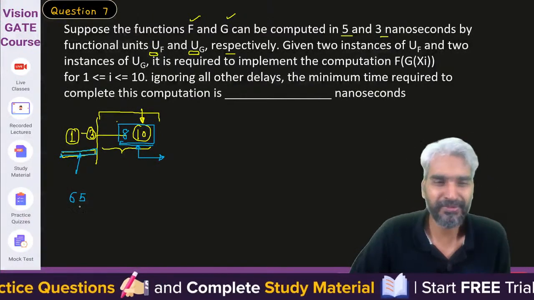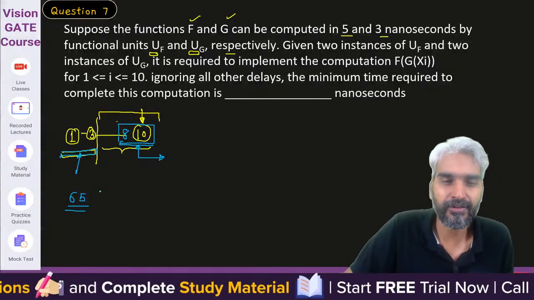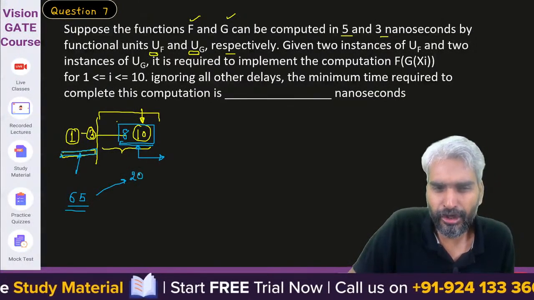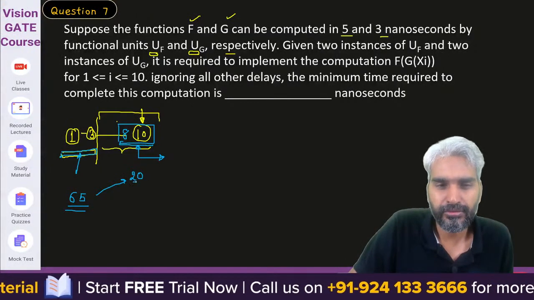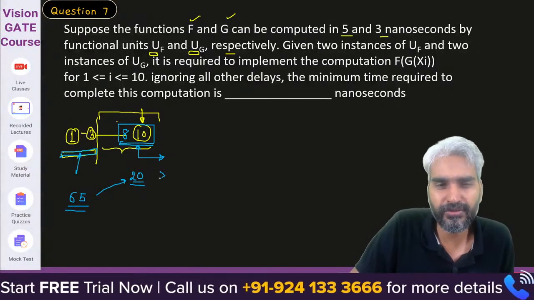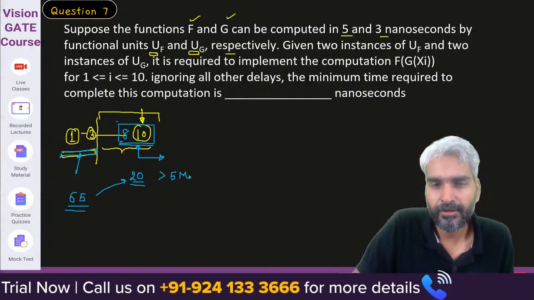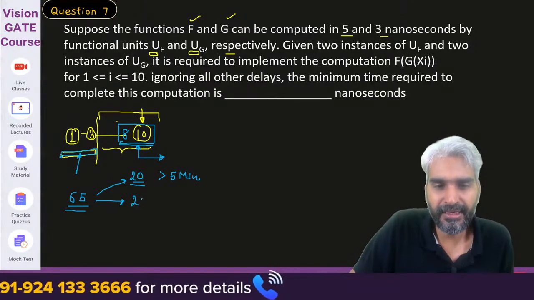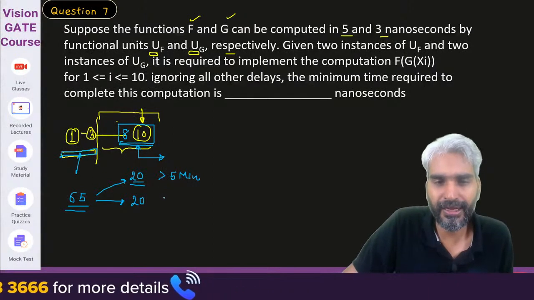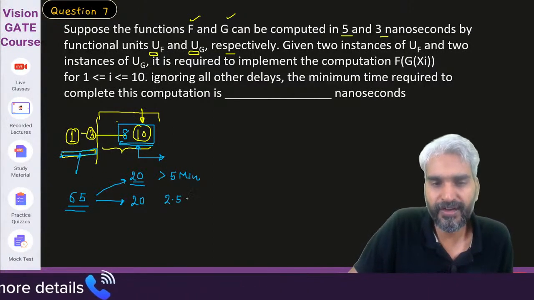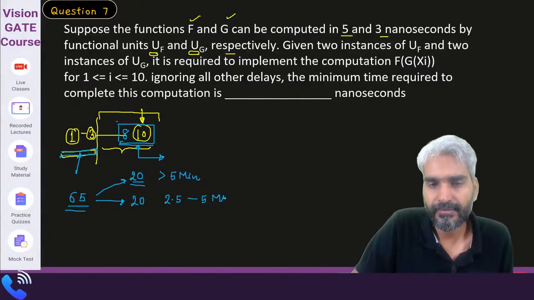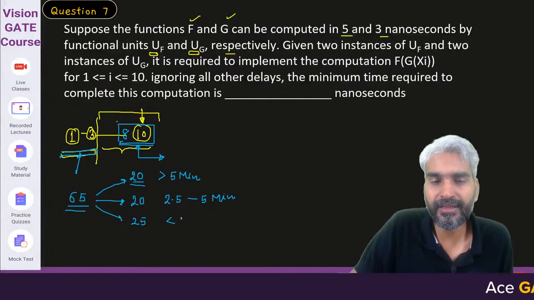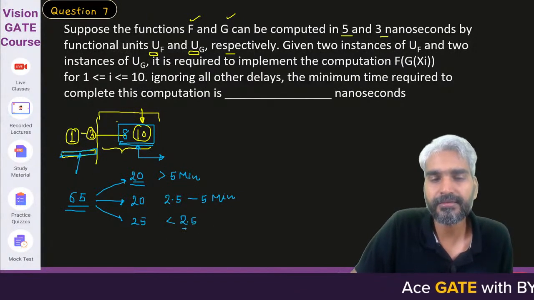Out of those 65 questions, let's assume 20 questions will require more than 5 minutes. Then I can say the remaining 20 questions will require 2.5 to 5 minutes, and there will be 25 questions which can be solved in less than 2.5 minutes.